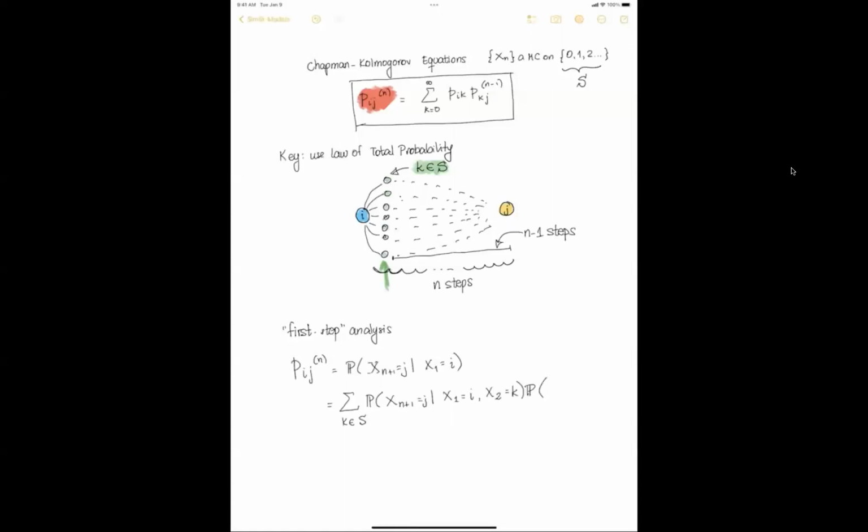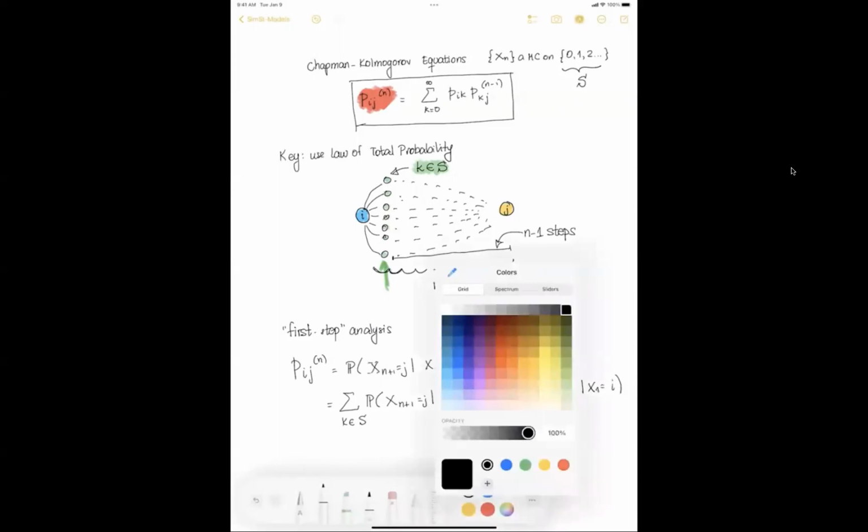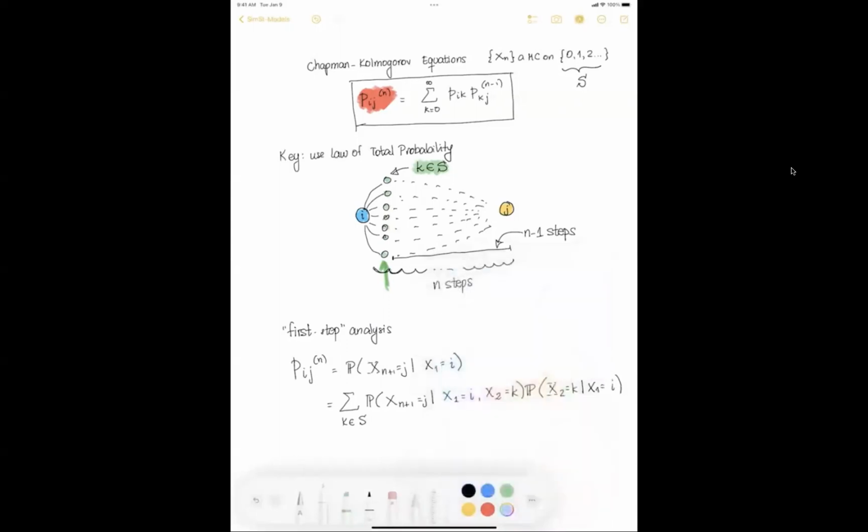So the probability of that conditioning event is the probability that X_2 is equal to k, given X_1 equals i. Notice that I'm carrying that conditioning on the state that I started. So this is a conditional probability.